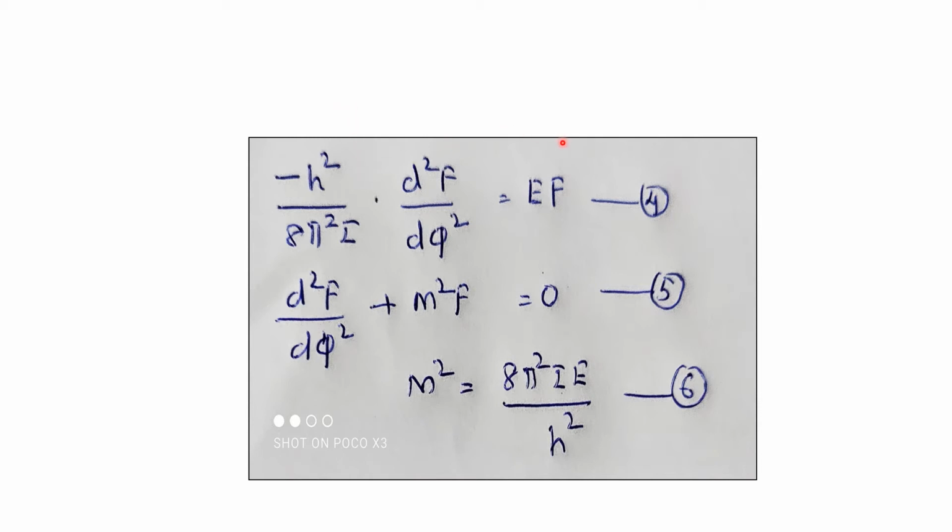That is equation number 4. That can again be represented as d square f by d phi square plus m square f equal to 0, where the value of m square is equal to 8 pi square I E by h square. That is equation number 6.